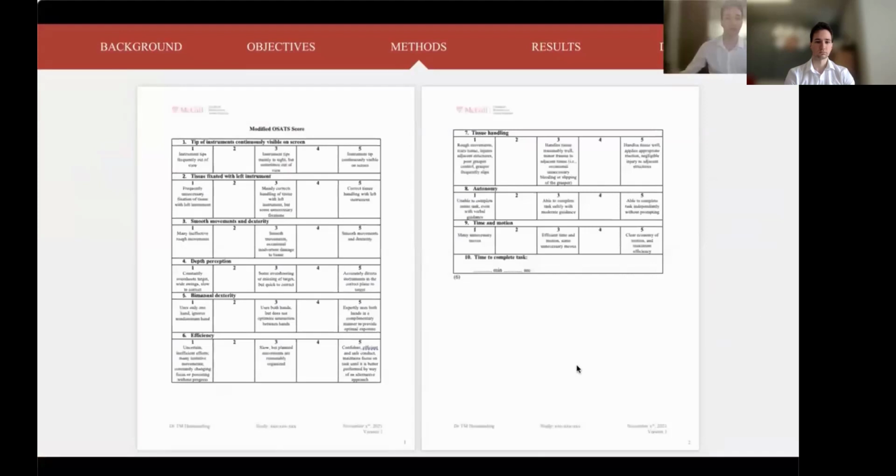As I mentioned, you're looking at things like the tip of the instrument being continually visible on screen, which is important. Is the tissue used with the left instrument and right instrument? You have to have dexterity in these procedures. Do you have smooth movements? How is your depth perception? How is your efficiency, your tissue handling, your autonomy during the procedure? And how do you really move about in the operative pocket? And of course, we're also measuring the time until completion of the task.